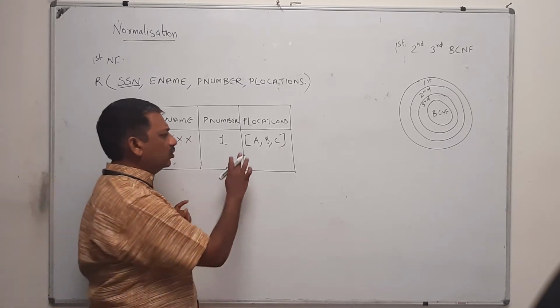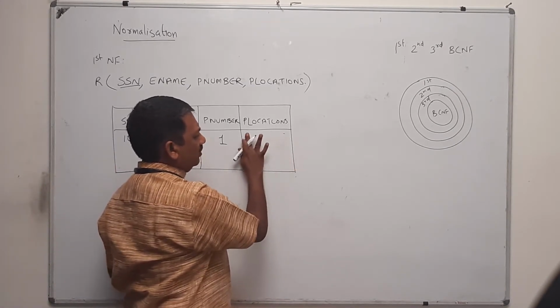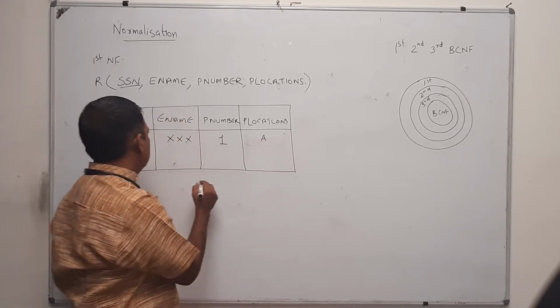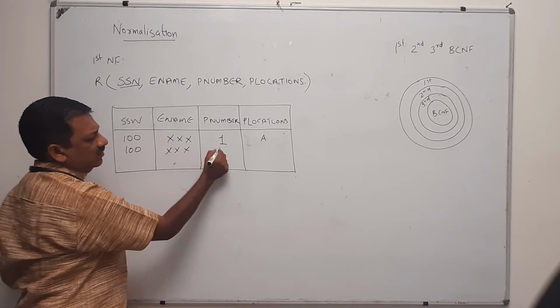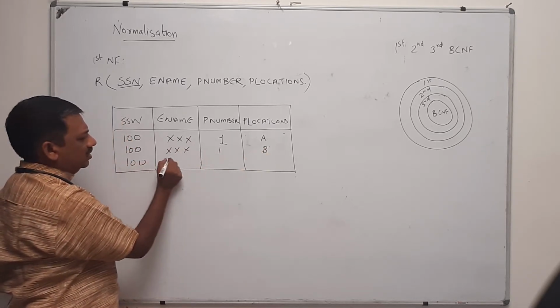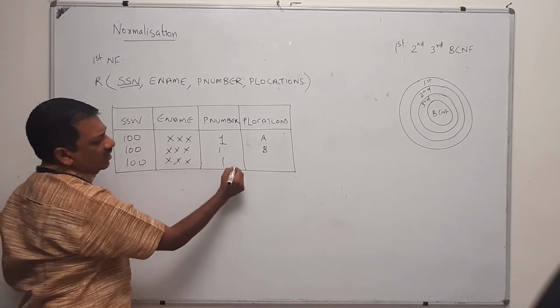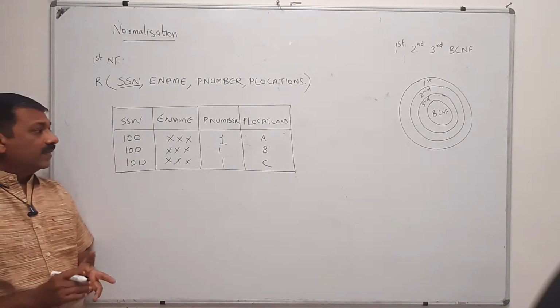So here, instead of a single entry, I am going to have 100 XXX 1 A, then again 100 XXX 1 B and 100 XXX 1 C. So now this is atomic. Why?